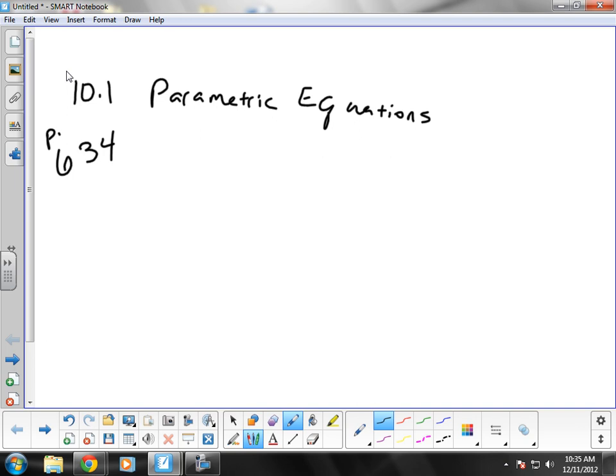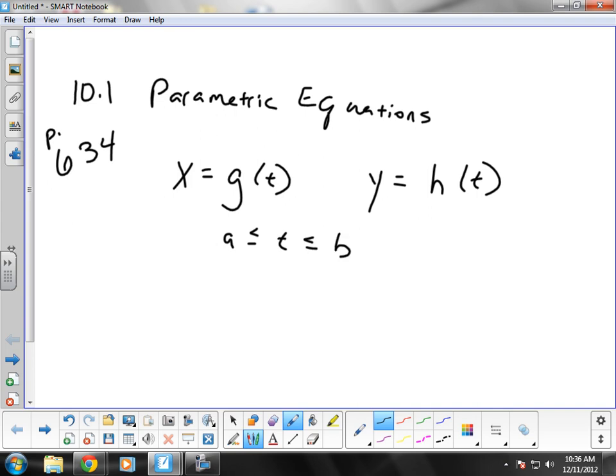Okay? So in general, parametric equations have the form that x is going to be some function, g of t, and y is going to be given with some function, h of t. And normally you're going to talk about that graph in terms of some interval of time, where it's going to give you a beginning point and an end point for the amount of time that's passed.